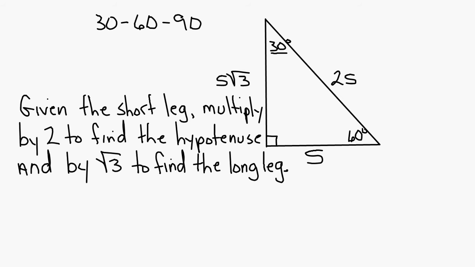If you're given the short leg, that's the side that is opposite the 30 degree angle. You multiply the short leg by 2 to get the hypotenuse. You multiply the short leg by the square root of 3 to get the long leg.